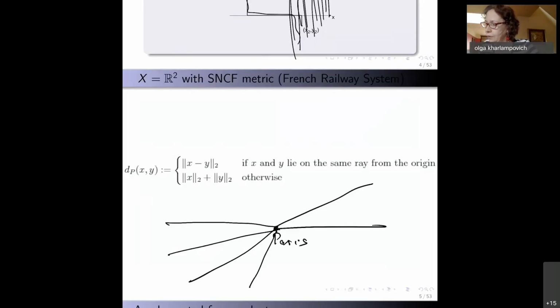If you want to come from A to B, and they are on different rays going from Paris, you take a train to Paris, and then you take a train from Paris to B. Now, if your towns happen to be on the same ray, then the segment along the ray is a geodesic between them. Otherwise, you go along the straight line to the origin, and then you go to point B from the origin. That's another example of an R-tree.